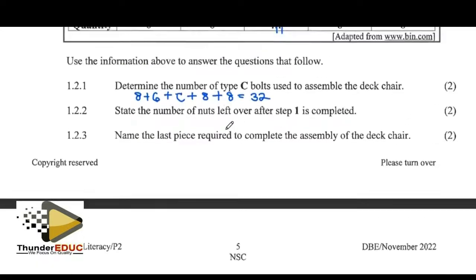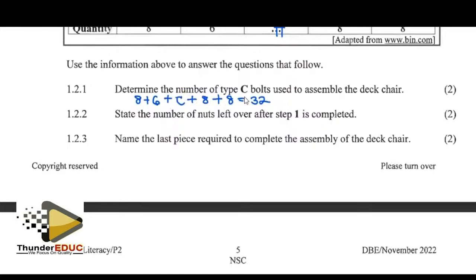When we add this, 14 plus 8 is 22. 22 plus 8, you get 30.